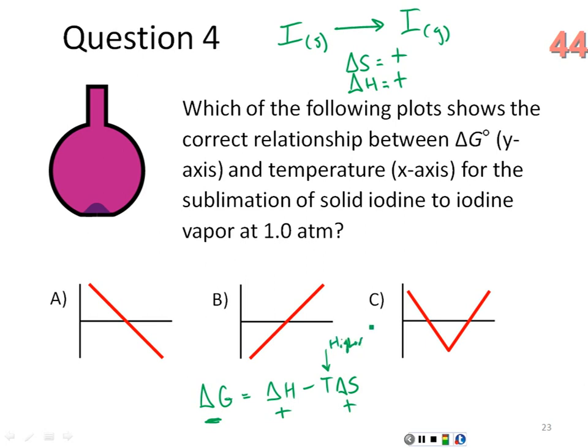Why is that? Because T delta S is going to be bigger than delta H at higher temperatures. So we're going to overall get a negative value for delta G. So which plot here shows that relationship? That would be A. If we plot delta G on the y-axis and temperature on the x-axis, at higher temperatures, delta G is going to be negative.